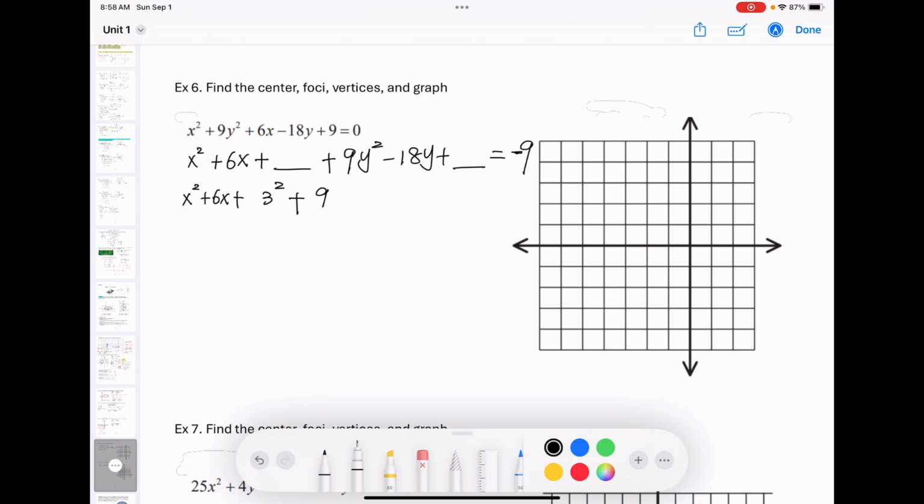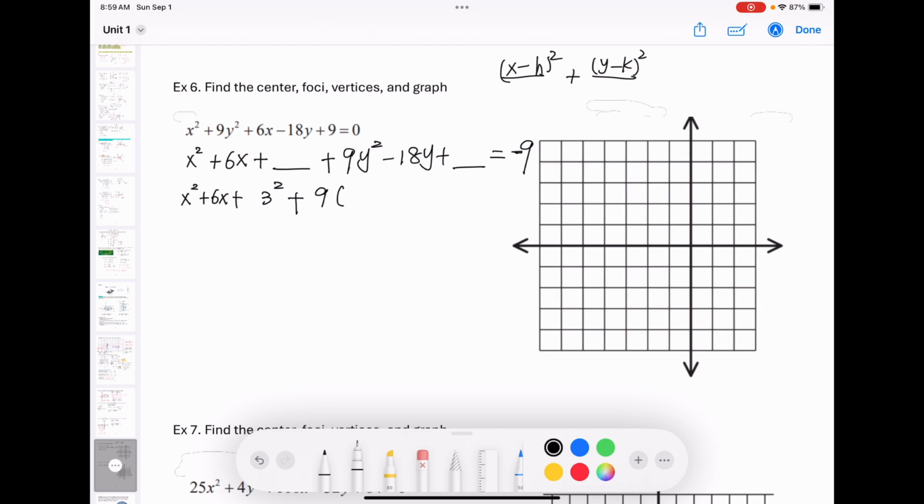And then plus 9y squared. In our formula, minus h squared, another one is y minus k squared. Do I have a 9y here? No, we only have the y. So we need to factor out the GCF from the y part.